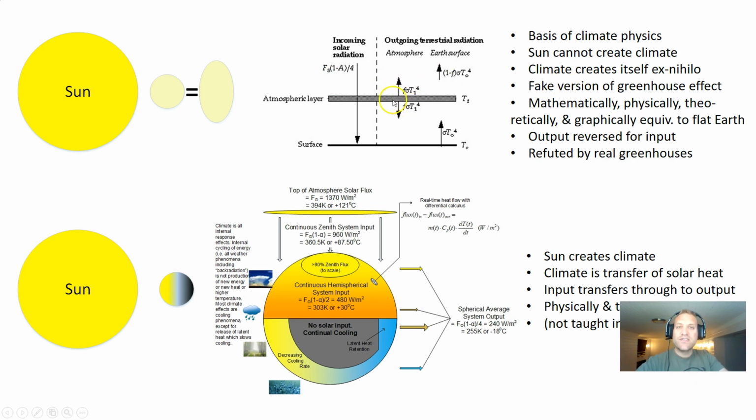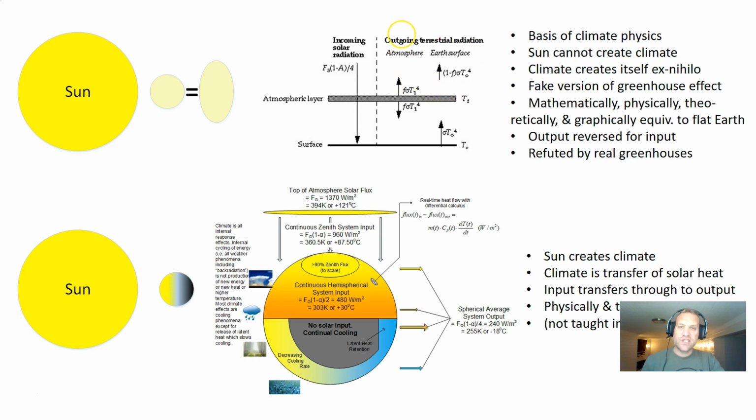By consequence, they invent this part right here, which is their greenhouse effect. This is their fake version of the greenhouse effect. And they need it because this is now the climate creating itself. Since the sun can't create the climate, now the greenhouse effect creates the climate ex nihilo with no additional energy or anything. It's just the climate creating itself out of nothing.